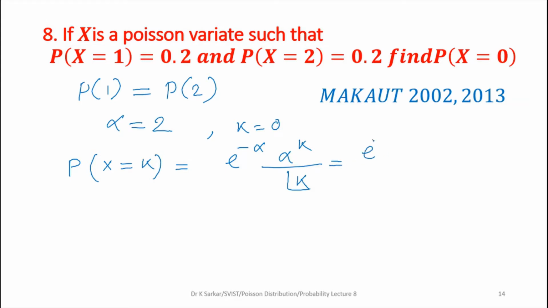E power minus 2, alpha power 0 divided by factorial 0. Factorial 0 is 1 and alpha power 0 is 1. So this is e power minus 2. Therefore 1 by e square is the correct answer.